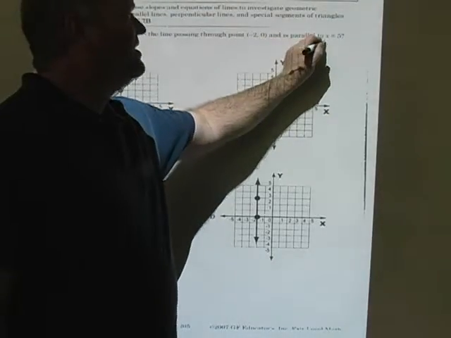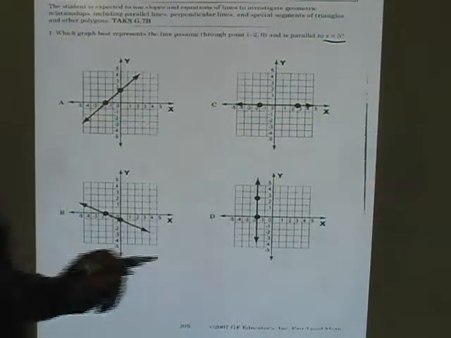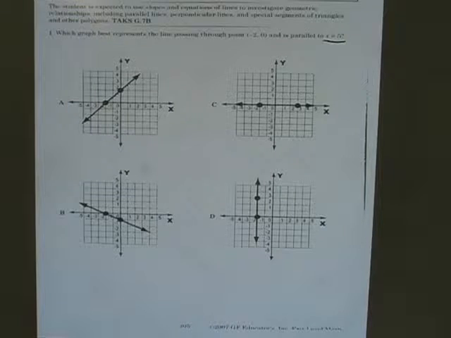On this one, which graph best represents the line passing through point (-2, 0) and is parallel to x equals 5? The reason I chose to do this problem is because you need to understand what this line right here, x equals 5, is.